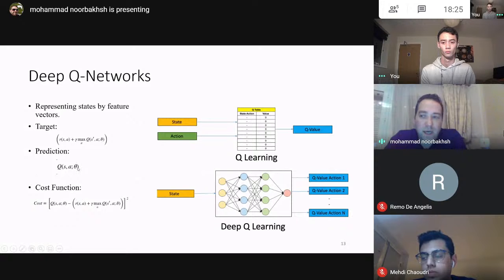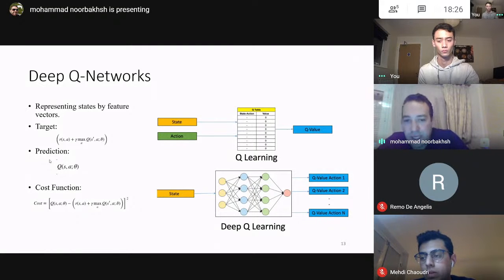And this theta is the set of parameters of the network. In deep learning, we have a concept called the cost function. This is the definition of the cost function. We want to minimize this cost function, where this is the target and this is the prediction.